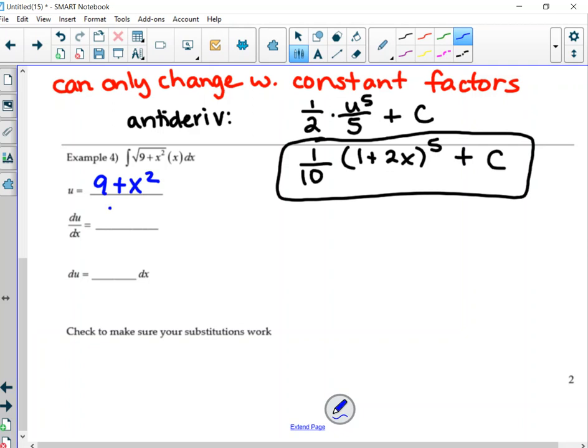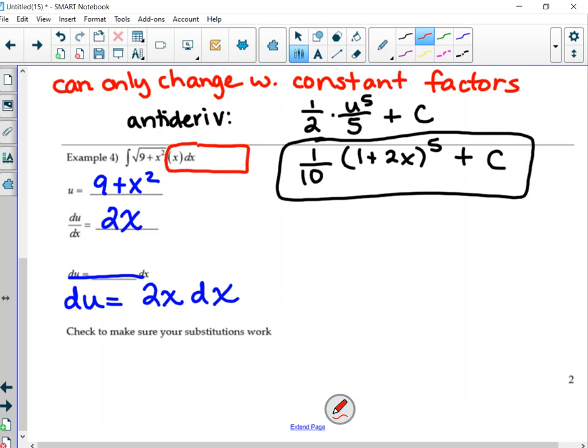And so the derivative with respect to x of that is 2x. If I do the cross multiplying, once again, off by a factor of 2, I need 2x dx to make everything work, and I don't quite have that. I have the x and the dx, I just don't have the constant of 2.